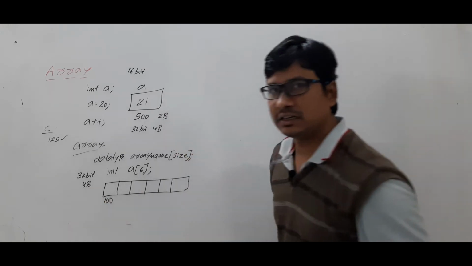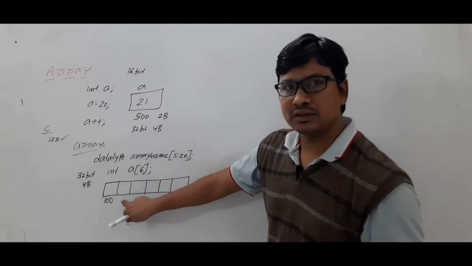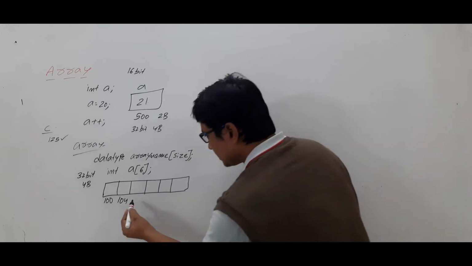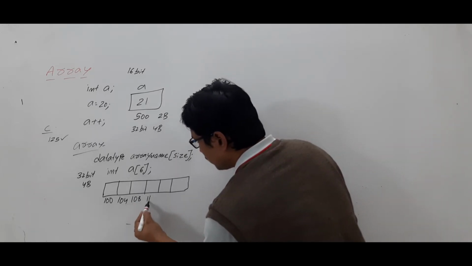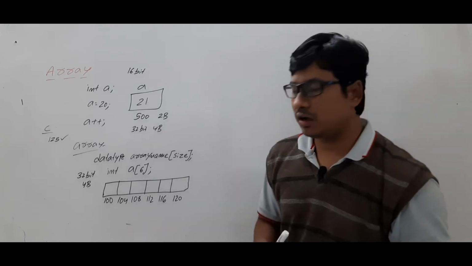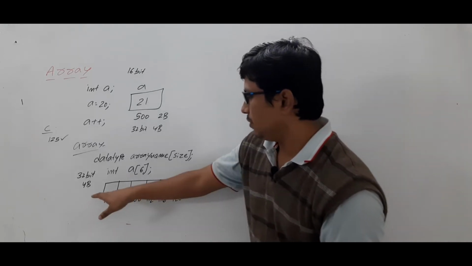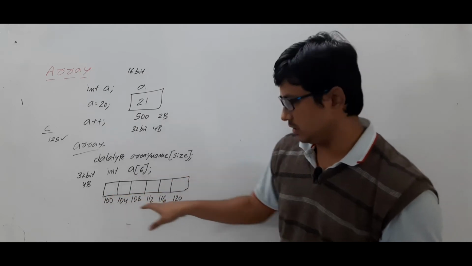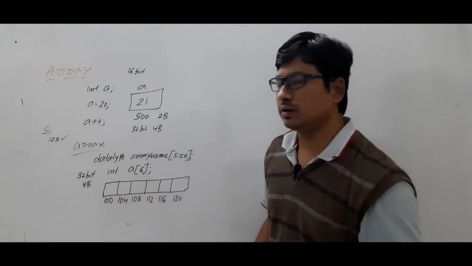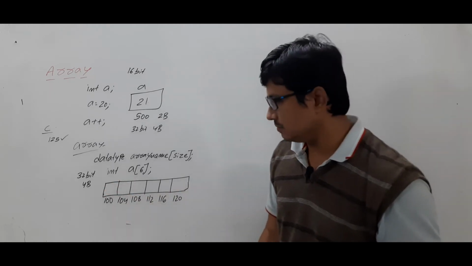Now, if it is 100th byte, what will be the address of the next element? It will be 104. And the next one will be 108, 112, 116, 120. So all these elements we will have in contiguous memory locations. Okay, are you able to understand this point or not? That is the advantage of an array.